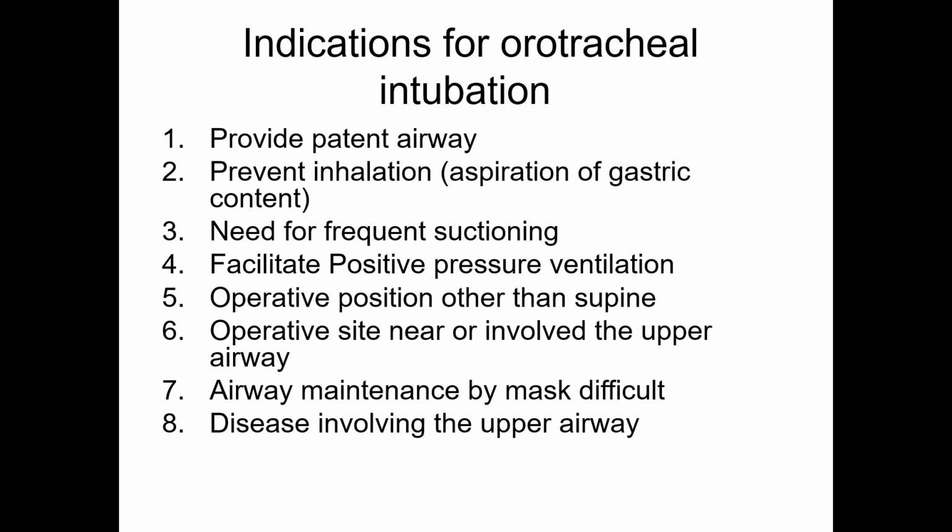Also, if the patient needs frequent suction, for example a patient in the ICU. Also, it facilitates positive pressure ventilation. If we want to ventilate this patient, what to do? We need to intubate him first, then put him on a ventilator.